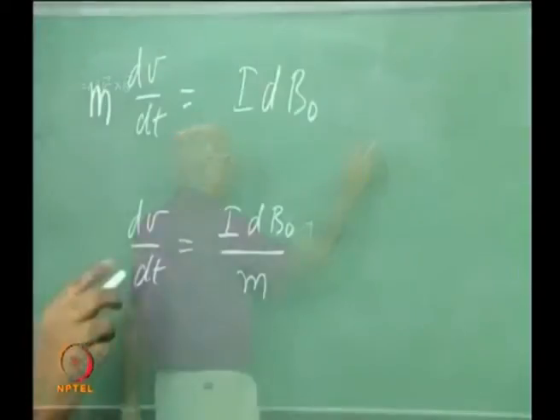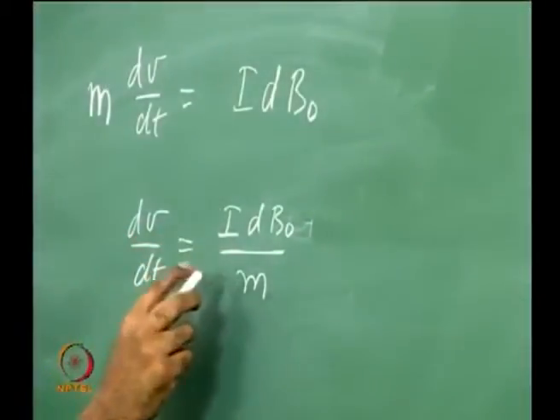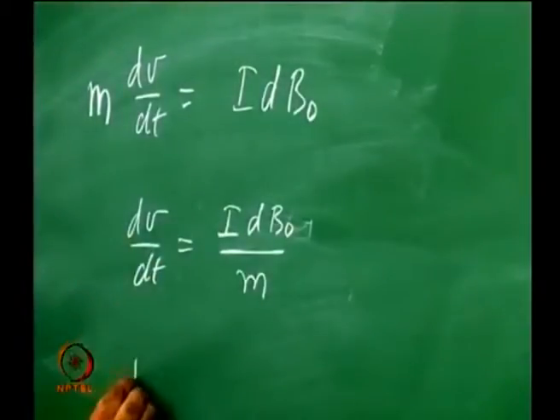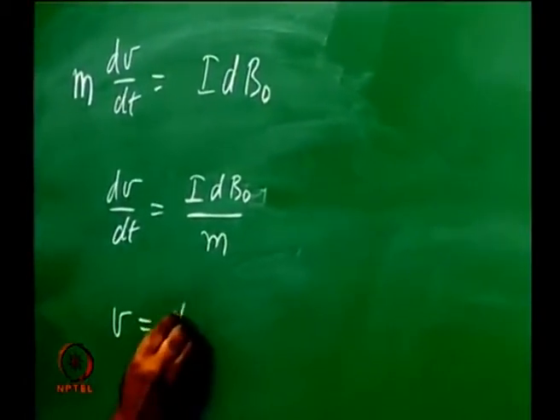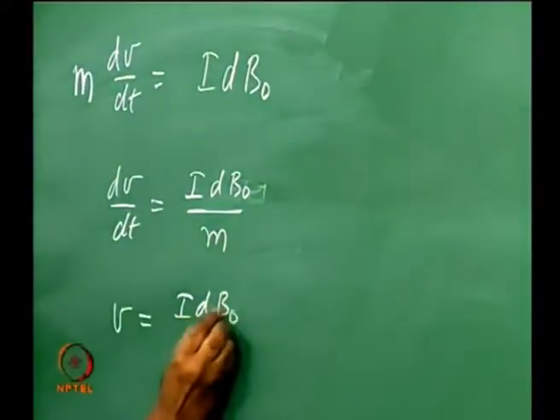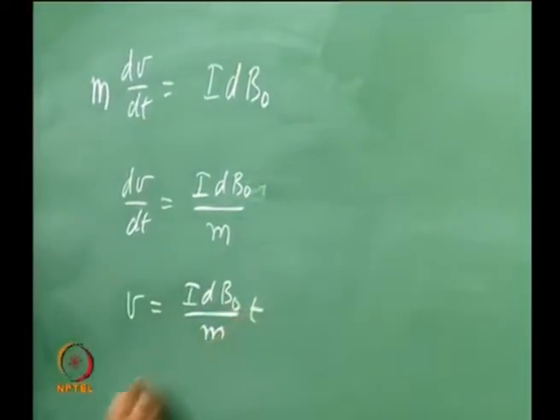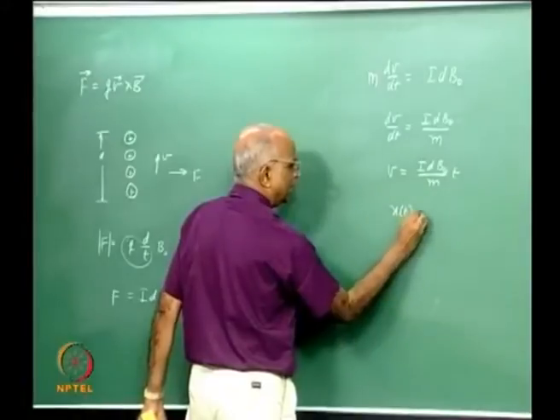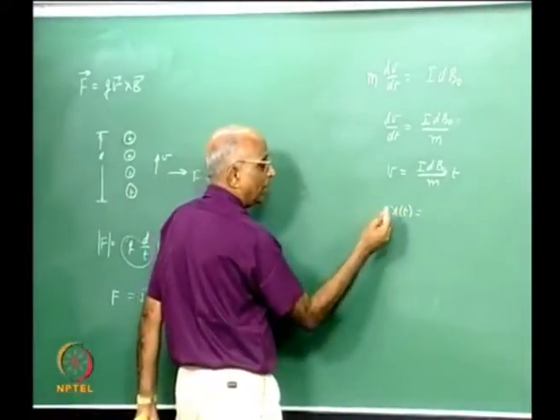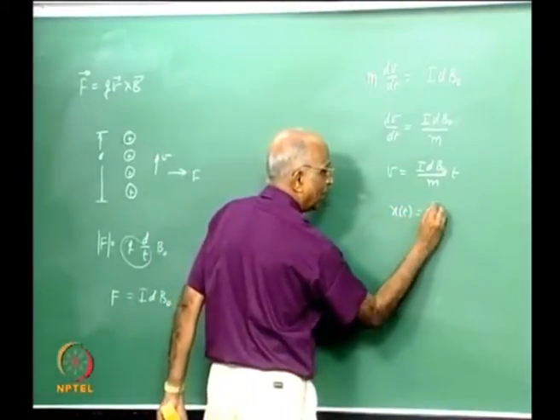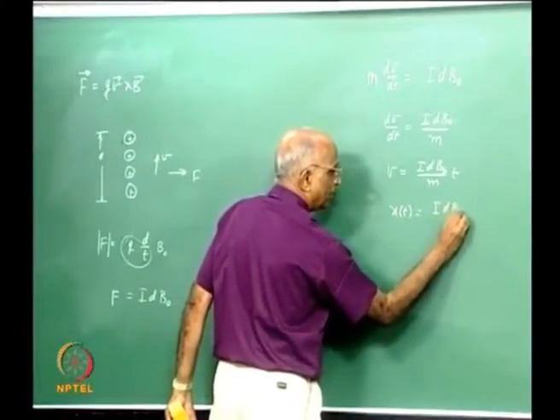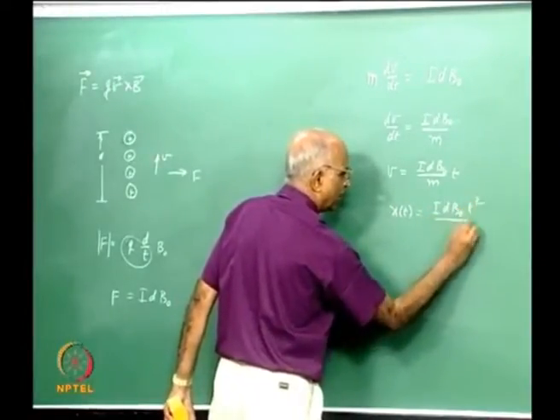Since at the initial state v is equal to v0 at time t equal to 0, I can straight away integrate: v is equal to I d B0 into t by m, or rather the value of x at t, again x is 0 at t equal to 0, I get I d B0 t squared by 2m.